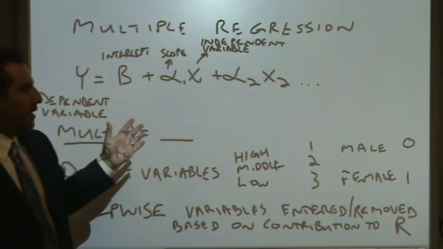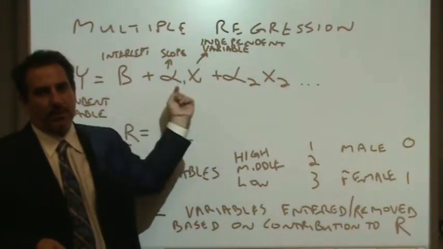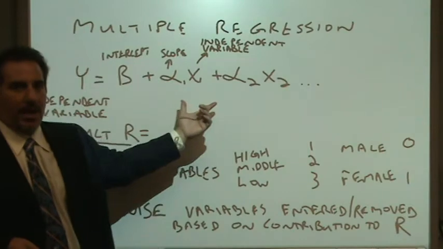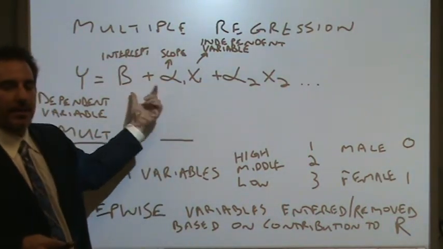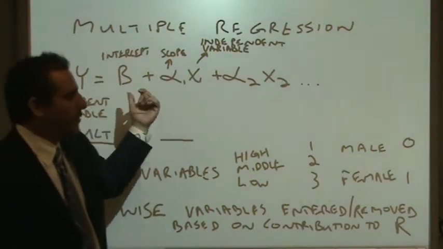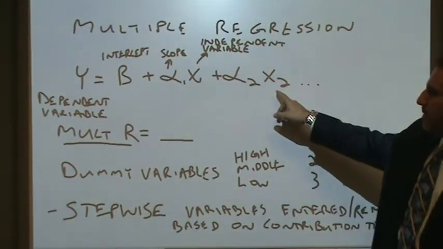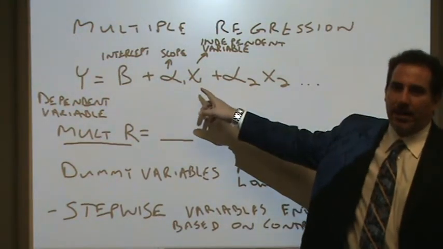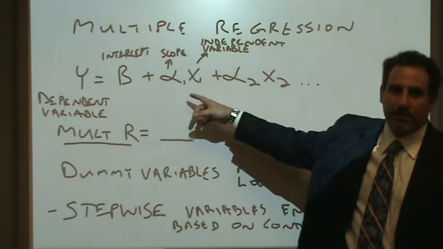And what happens is, if you have a significant relationship between your variables, then you could have a situation where when I put x1 in, it significantly increased multiple r, but when I put x2 in, it reduced the value of x1 because x1 and x2 are so closely related.